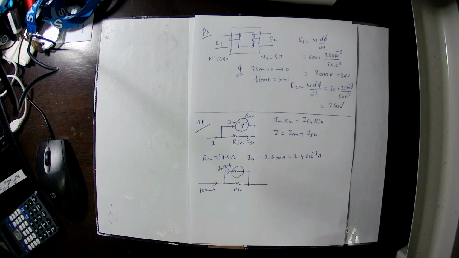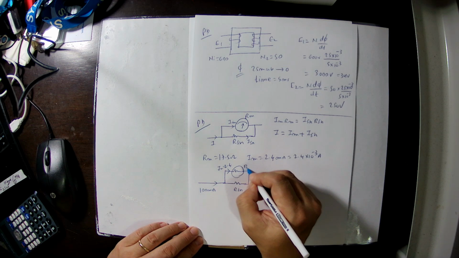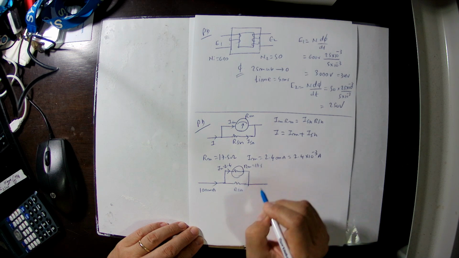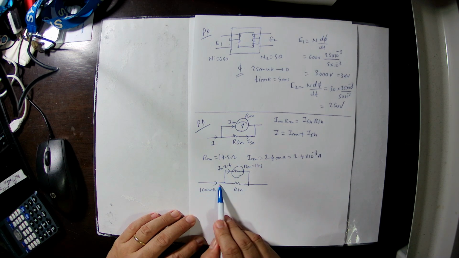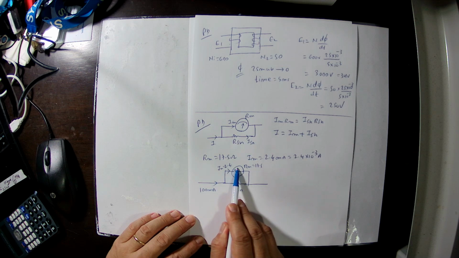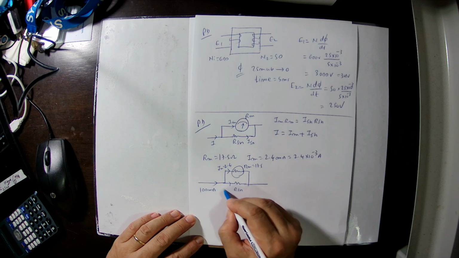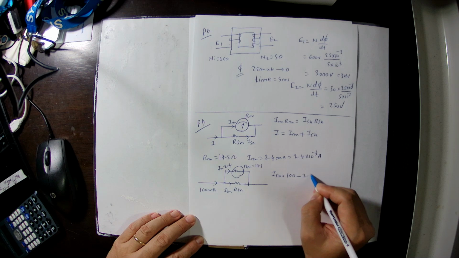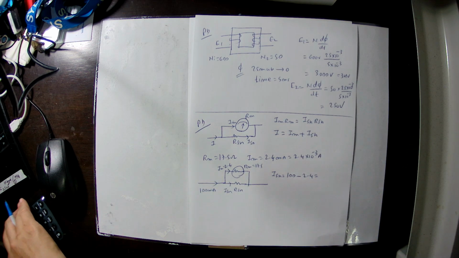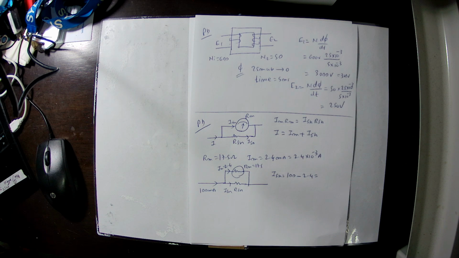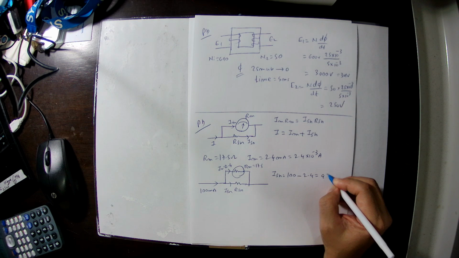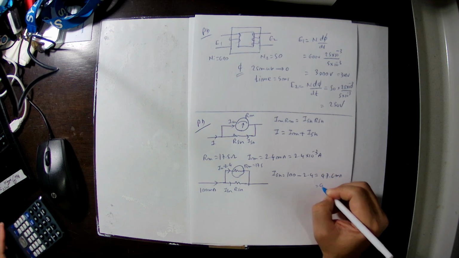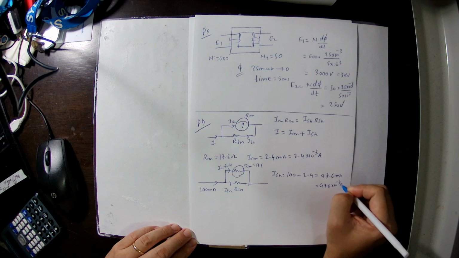In this case, the meter resistance is 17.5 ohm. When 100 milliampere flows, 2.4 goes to the meter, so the rest of the current ISH equals 100 minus 2.4, which is 97.6 milliampere, or 97.6 into 10 power minus 3 ampere.